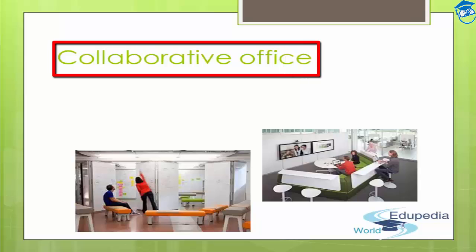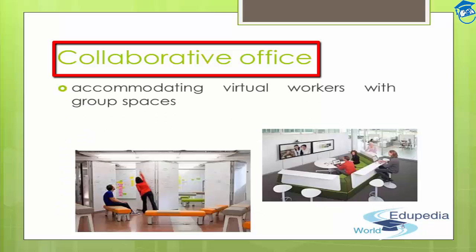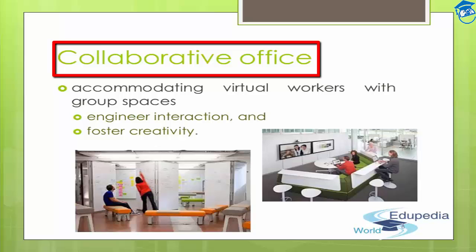Now today's office spaces are collaborative, accommodating virtual workers with group spaces to engineer interaction and to foster creativity. Now these two pictures will give you an idea of the present form of collaborative office.